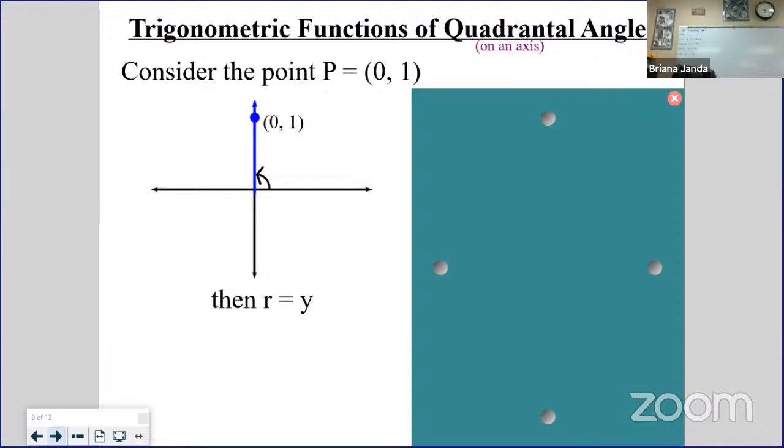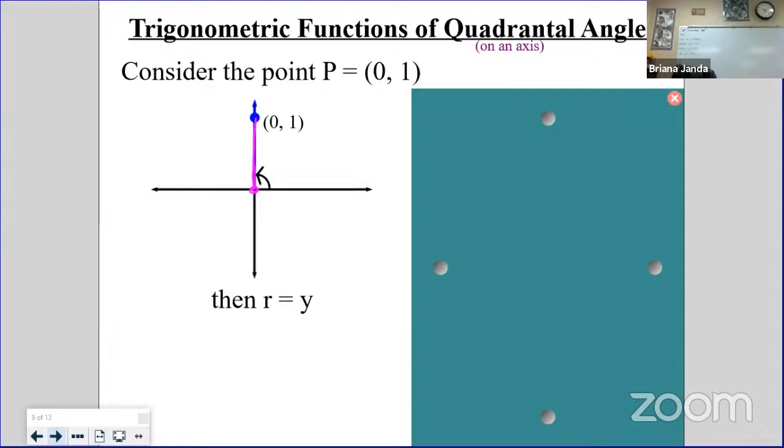If I trace my way to that, so the ordered pair is 0, 1, and I put my pencil on the origin and I trace right or left 0, up 1, and I connect back to the origin, I have a straight line. I don't have a triangle. And that's where this one kind of falls apart with our whole draw the triangle and go back to what we know thing.